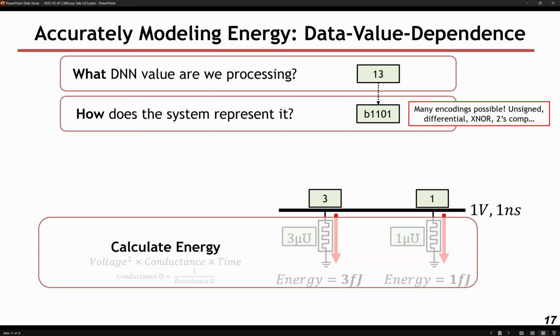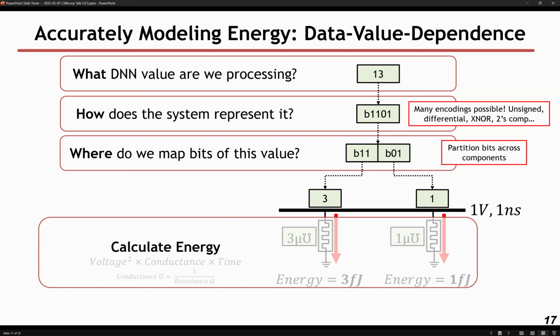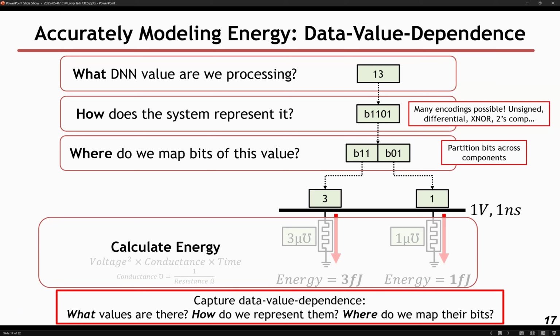So when we look at this in a system, we'll need to encode this value as the bits in the value. And finally, to where do we map the bits in this value? If we support 2 bits in each of our devices, we might take the first 2 bits of the value and put that in the left device, and then the second 2 bits and put that in the right device. Once we have answered all these 3 questions, we can accurately capture data value dependence.